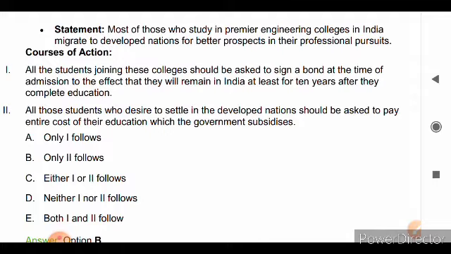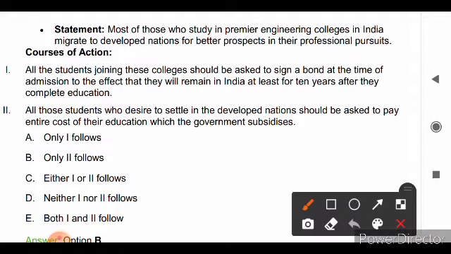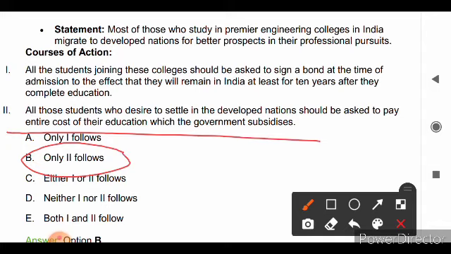Action 2: All those students who desire to settle in the developed nations should be asked to pay the entire cost of their education which the government subsidizes. So we can clearly see only action 2 follows. So the right answer of this question is option B, only 2 follows.